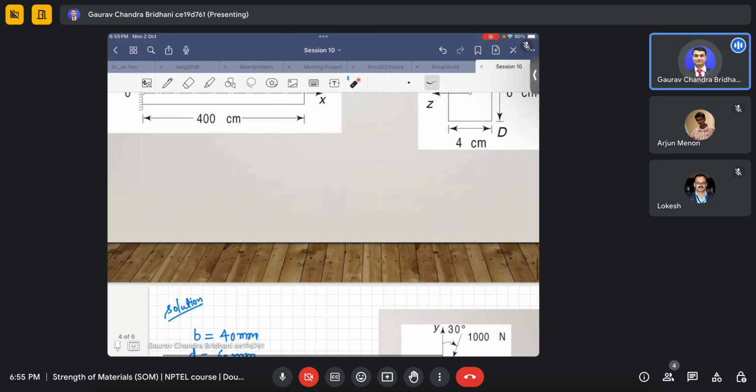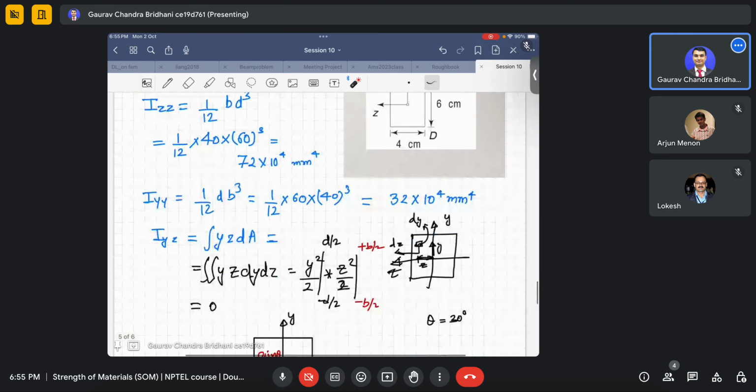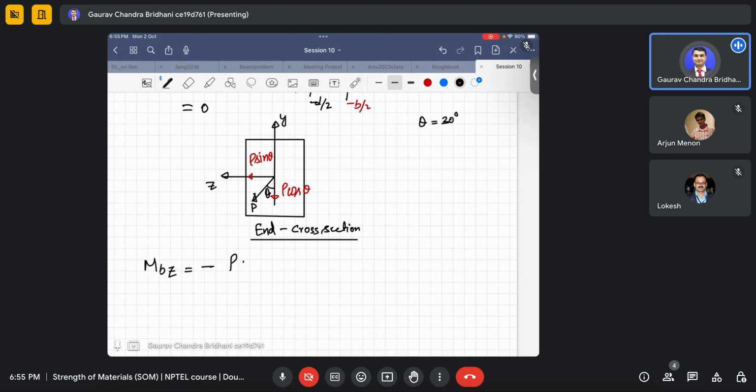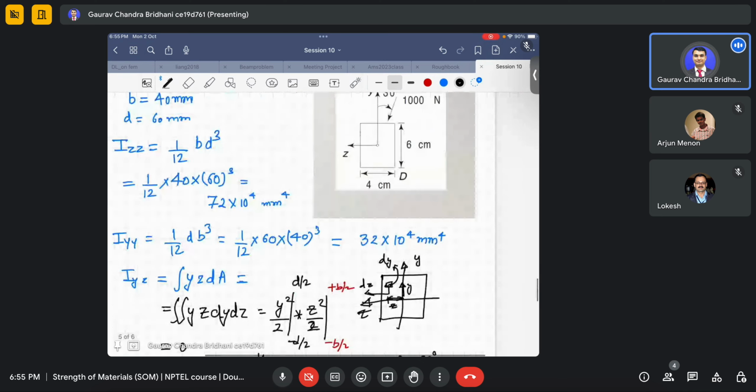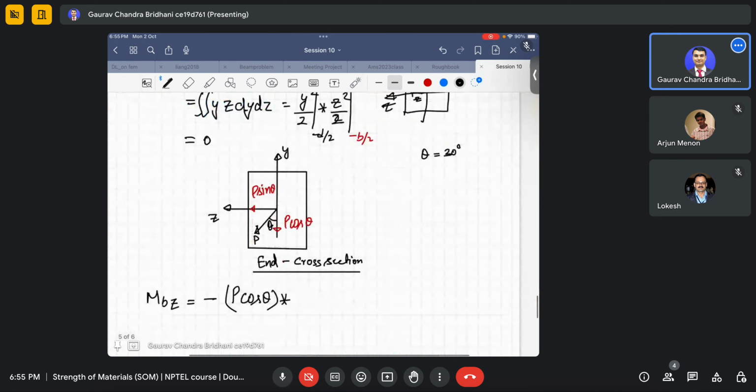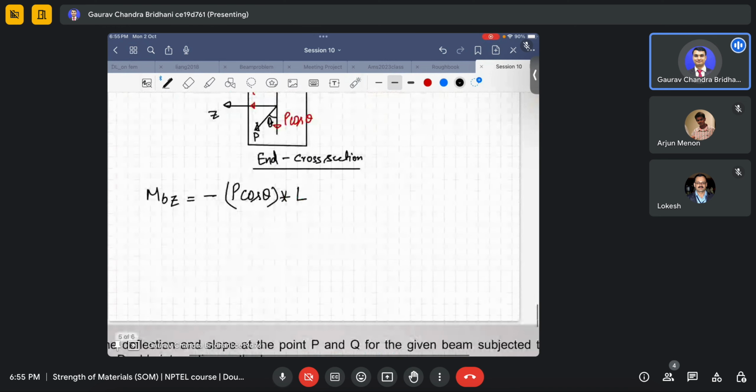So MBZ will be negative, and it will be P cos theta into the length. The length L is 400 centimeter.